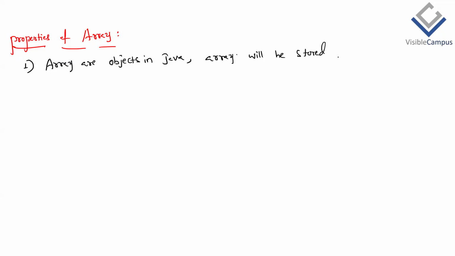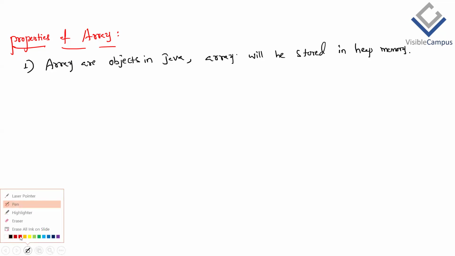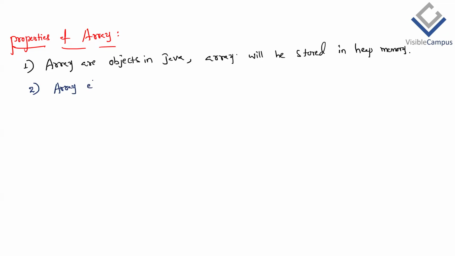Whenever the JVM executes our array line, then that will be created in the heap memory. Next property: array elements, or array values, or array data, or array objects, all these terms are the same.